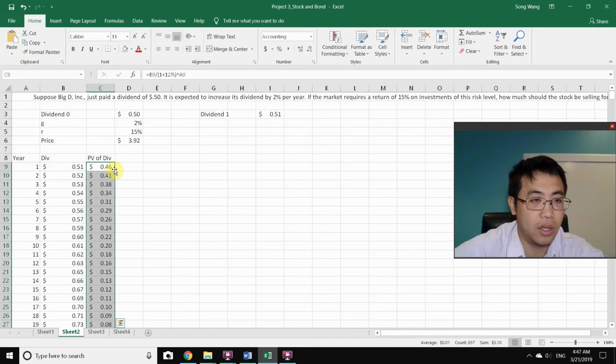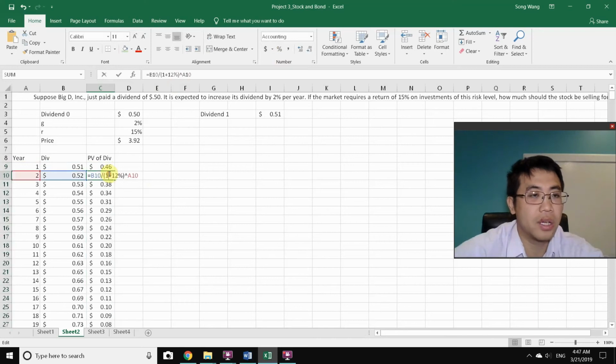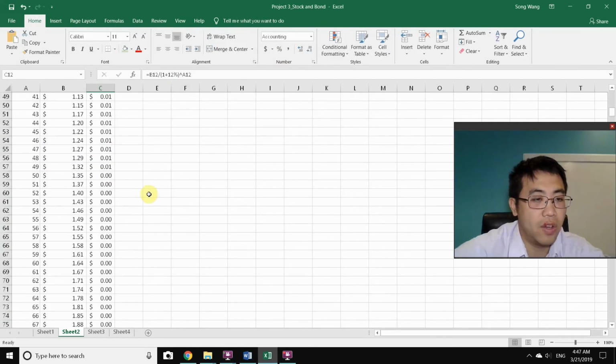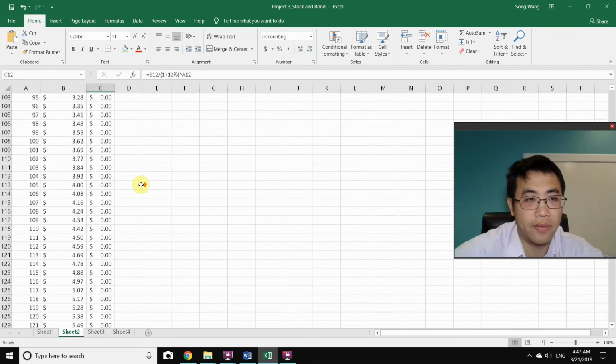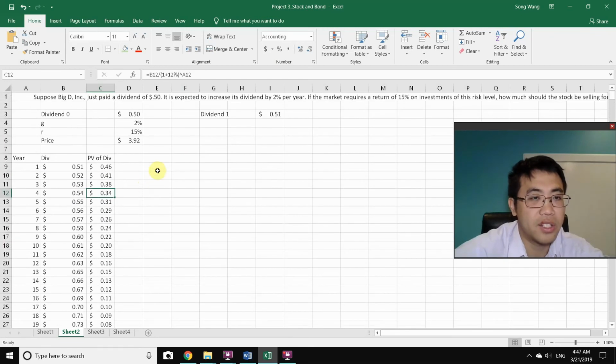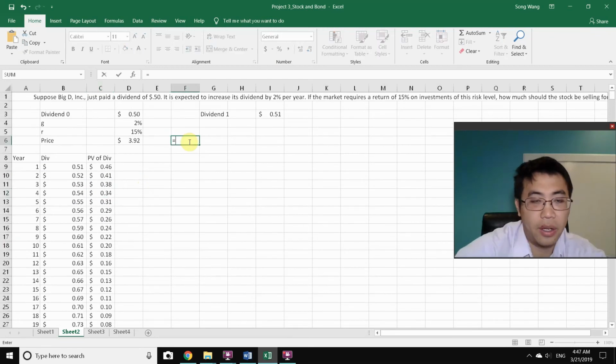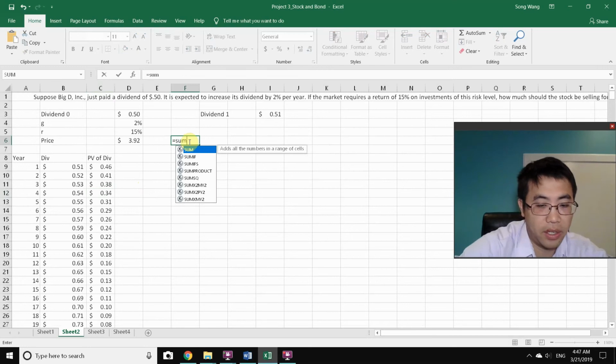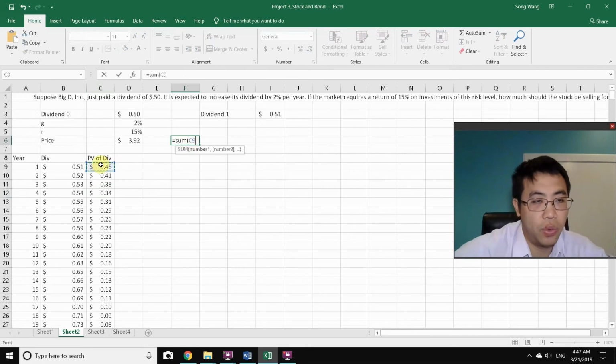Then I replicate the discount: discounted for 2 years, discounted for 3 years, on and on. Eventually, all the large dividends will be discounted to a value of 0.